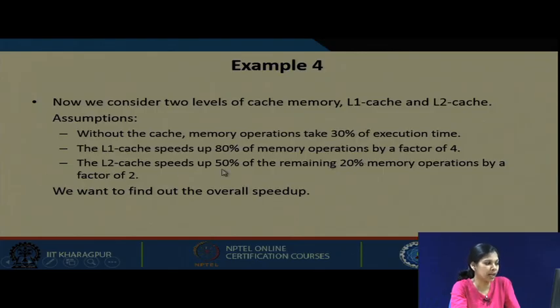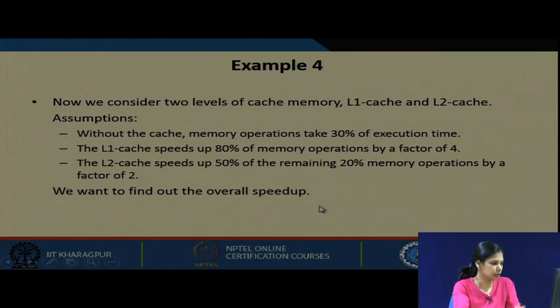And the L2 cache speeds up 50% of the remaining 20% of the memory operation by a factor of 2. So, there are two things. Out of total execution time, the memory operation is taking 30%. Out of this 30%, 80% of the memory operations are found in L1 cache and 20% of the memory operations are found in L2 cache.